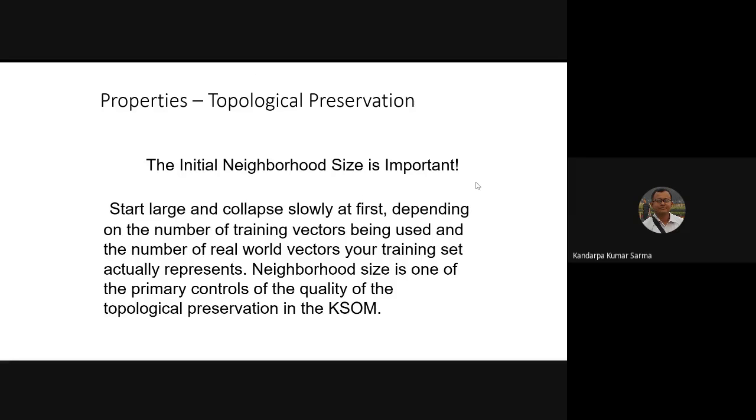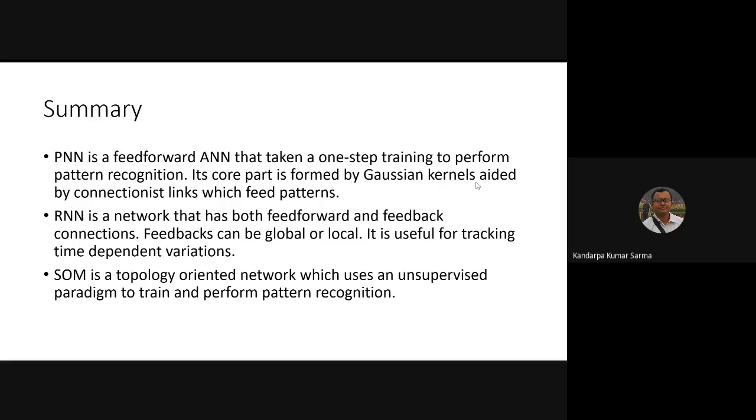Okay, so we can summarize here. We have the PNN, a feed-forward NN that takes a single step of training to perform pattern recognition. Its core part is formed by Gaussian kernels linked with the connectionist weights that will be used for doing the pattern fits. Then the RNN is a network that has both feed-forward and feedback connections.